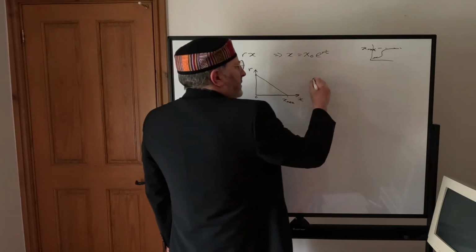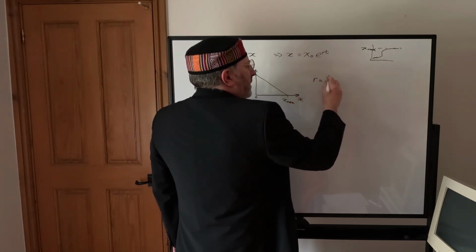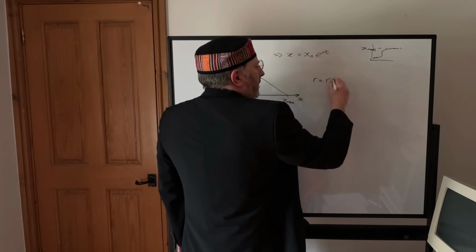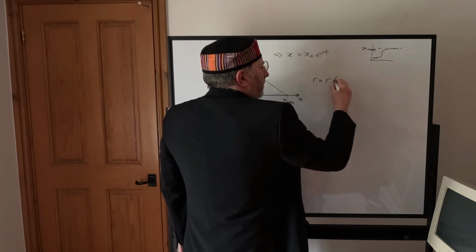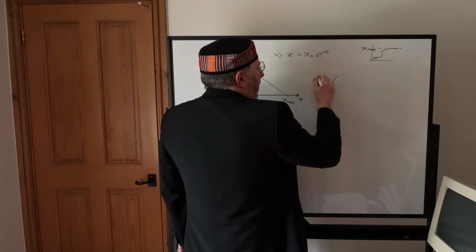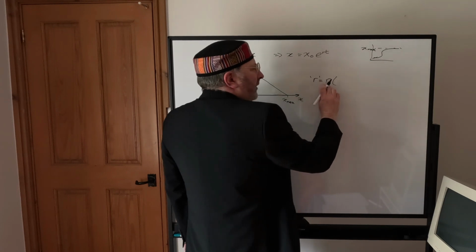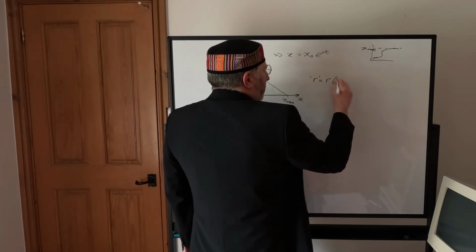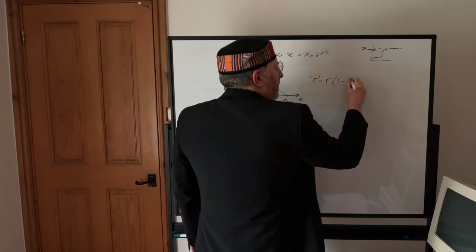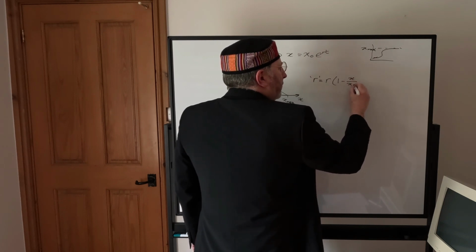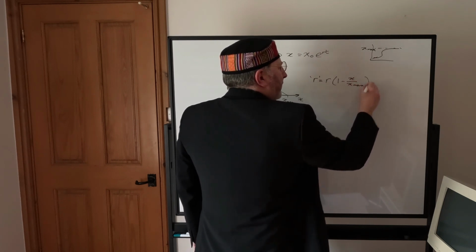And the equation here would be r equals, the growth rate in the equation is going to be r, some constant, times 1 minus x over x max.